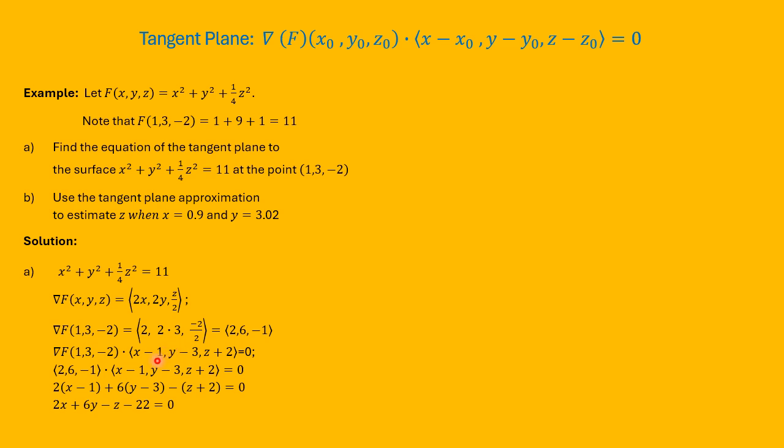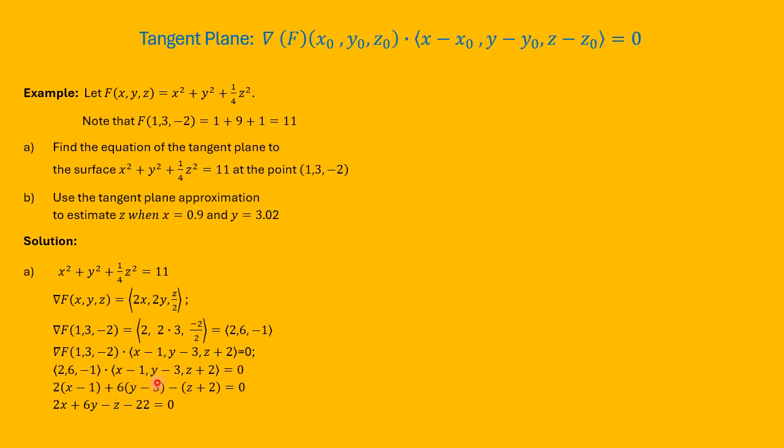But in any case, continuing, the gradient of f is this vector multiplied by this second vector equals 0. Using the component-wise definition of a dot product, this is going to be 2 times x minus 1 plus 6 times y minus 3 plus minus 1 times z plus 2 equals 0, and that's what we have down here.